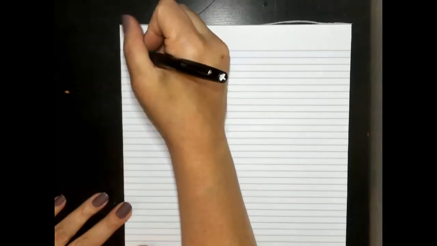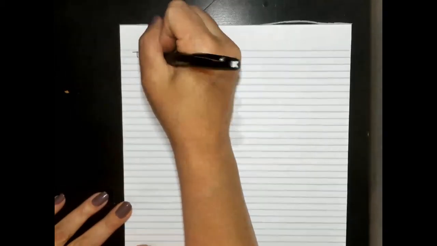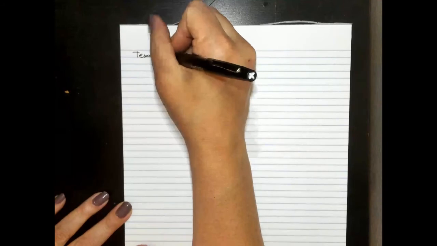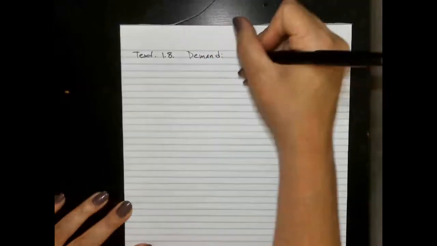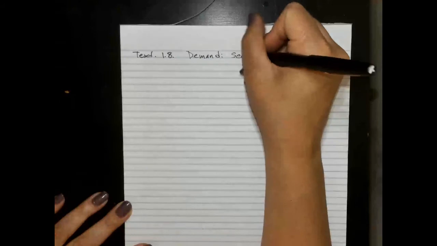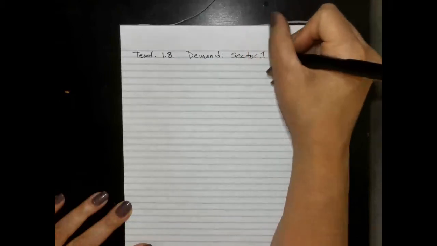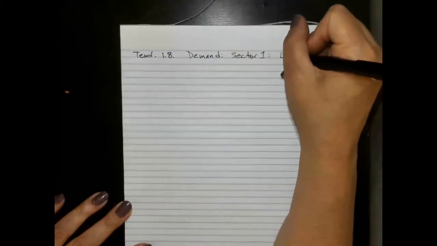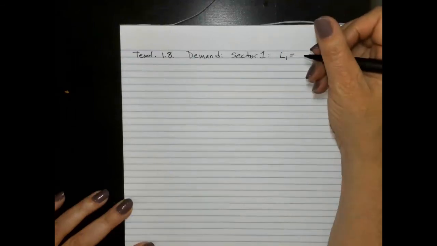Okay, so this first problem is in the textbook, and it's in the assignment in the textbook. It's question 1.8, and it basically says that we have labor demand in two different sectors. In Sector 1, labor demand is L1 equal to A minus B times the wage.